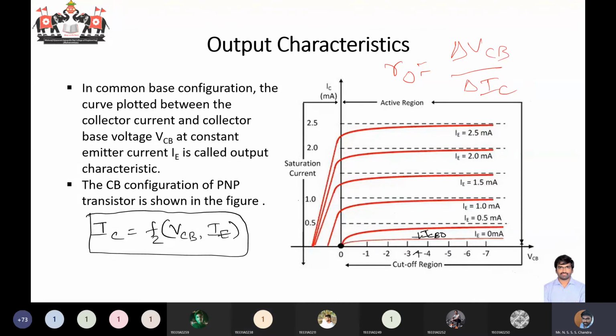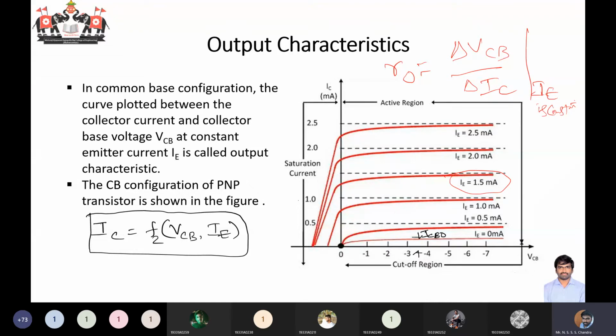This is for a particular IE. For a particular graph, when you fix this IE value, you can define your output resistance. So I can write that R naught is equal to delta VCB by delta IC when IE is constant. This is how you are going to define your output resistance.